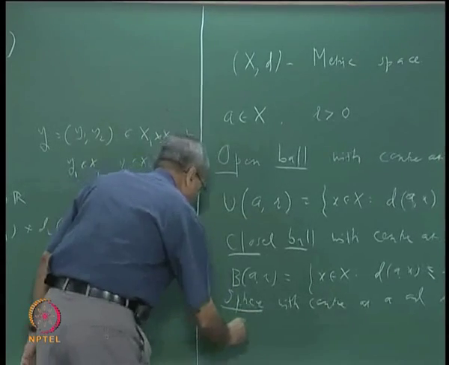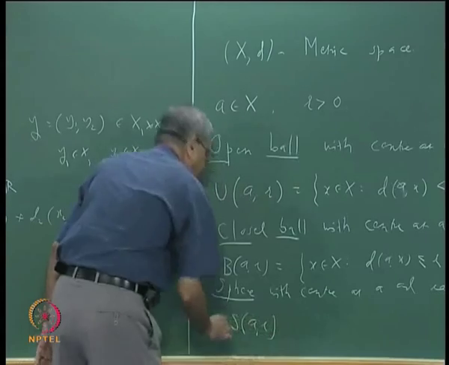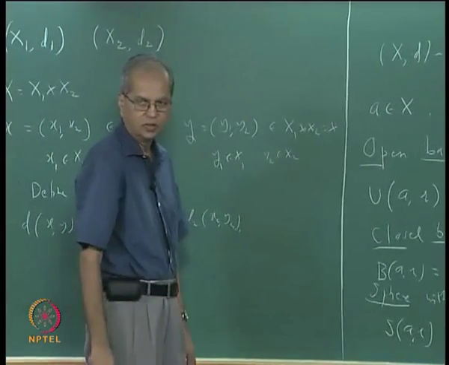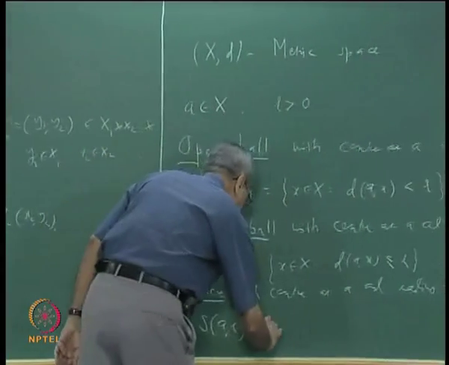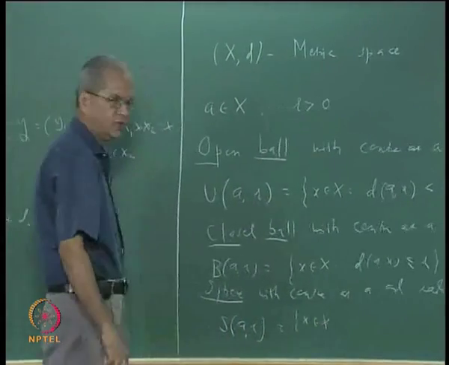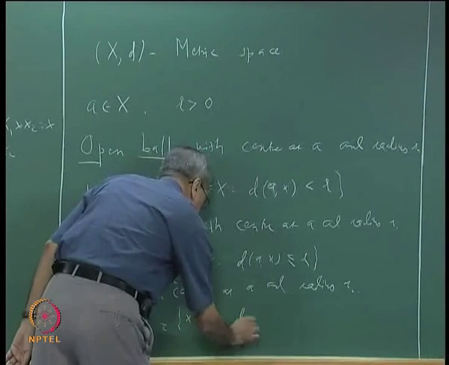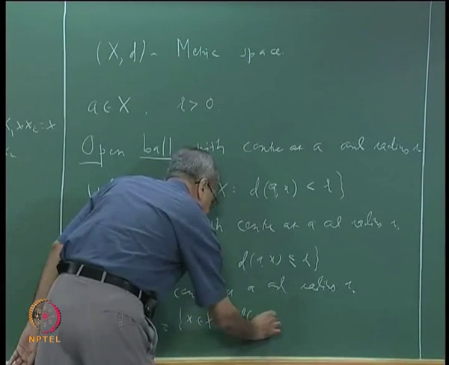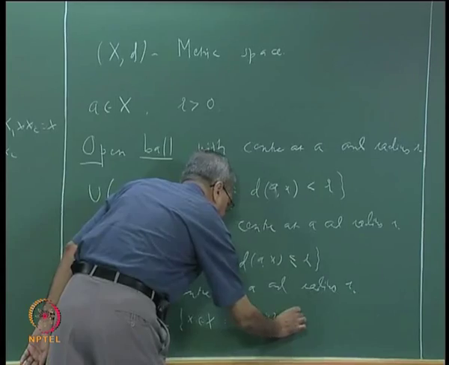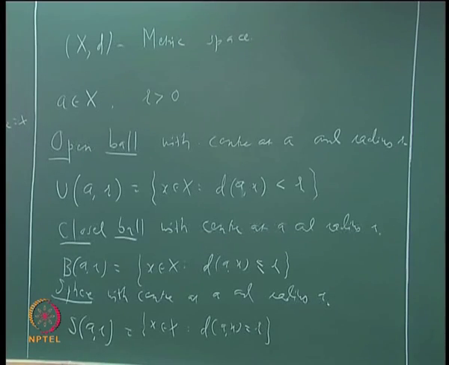Let us denote it by S(A, R), okay, and that is the set of all x in X such that the distance between A and x is equal to R, okay.